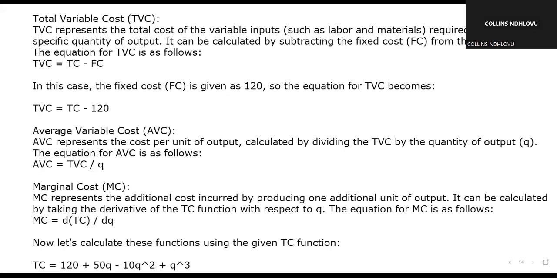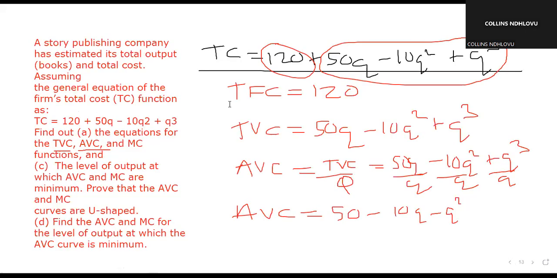Average variable cost is simply total variable cost over quantity. So we had our total cost here, we divide the total variable cost by quantity. So 50Q over Q remains 50, 10Q squared becomes 10Q, and Q3 over Q would be Q2.